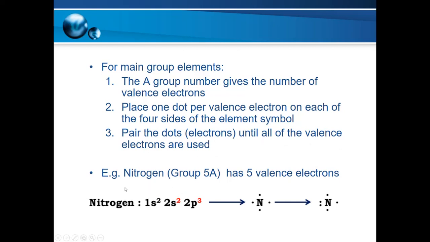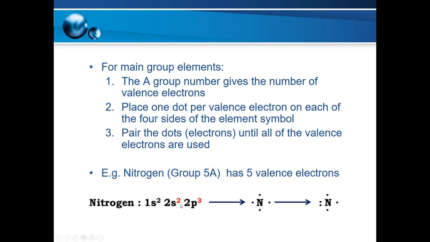Please take a look at group 5, which refers to nitrogen. The valence electron for nitrogen is 5. When you draw the configuration, it will be 1s2, 2s2, 2p3. So 3 and 2 is the valence electron for nitrogen.